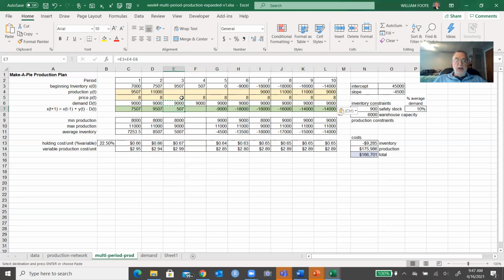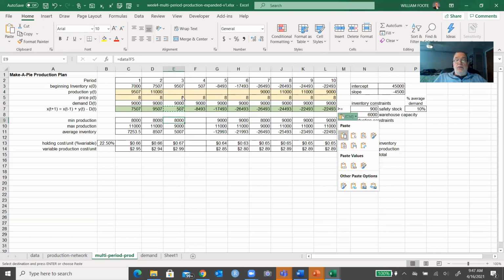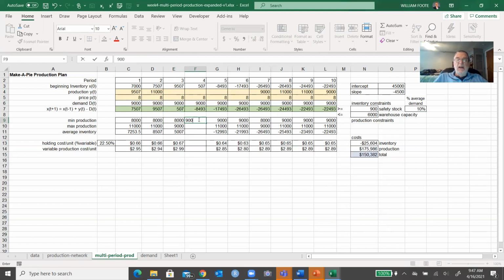And the same with the calculation for inventory, which is the key constraint in the whole model, actually. Minimum production, I'm just going to use whatever here. I don't know what to put in. I'm just playing with the numbers right now. I did not specify that in the case. That's up to you.